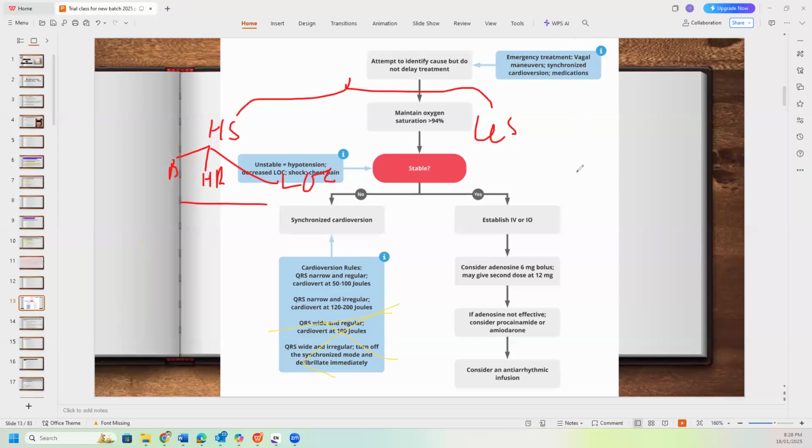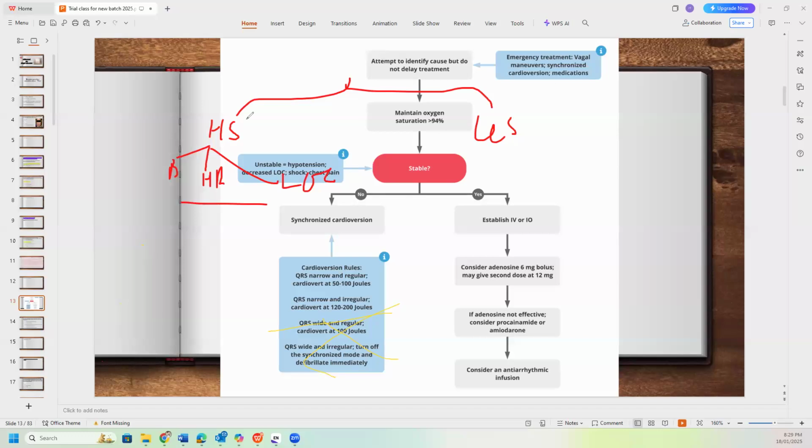If a child or an adult is presenting with hemodynamic instability, that is a sign that this arrhythmia is causing problems with perfusion now. So that requires urgent management. Vagal maneuvers take time, but urgent management in case of hemodynamic instability is synchronized cardioversion.